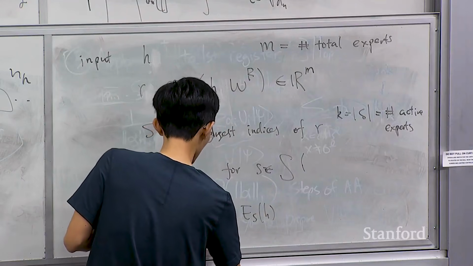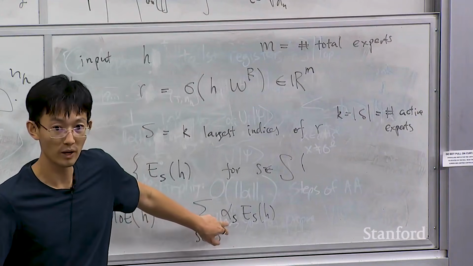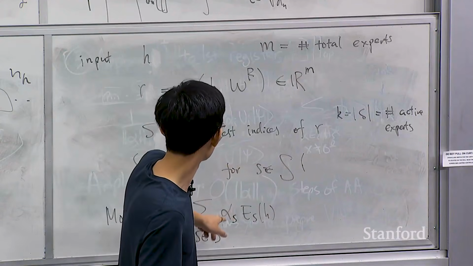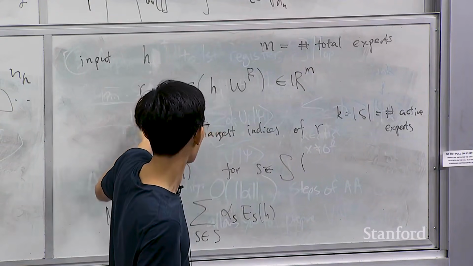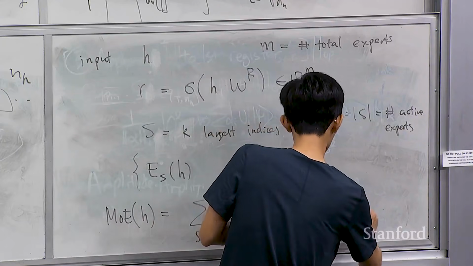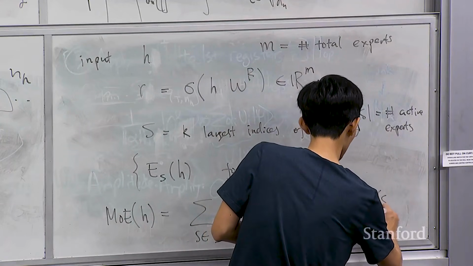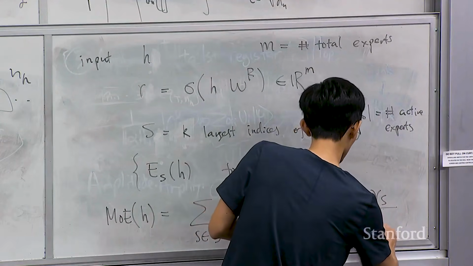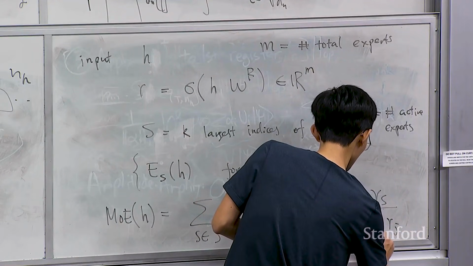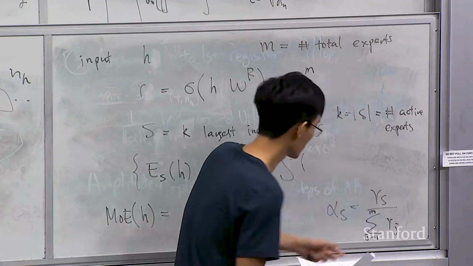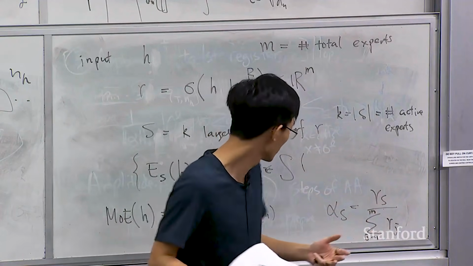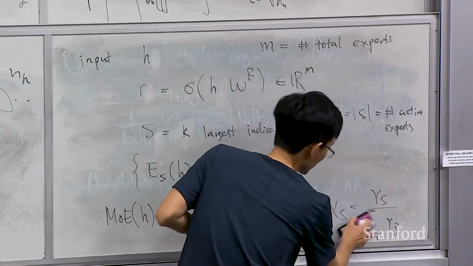And what's the weight? The weight needs to sum to 1, and the weight is often just a renormalization of R. So the weight alpha_s is a renormalization of the R's. So you sum up all the R's and you renormalize so that it becomes norm 1. Oh, actually, you sum up, yeah, my bad.